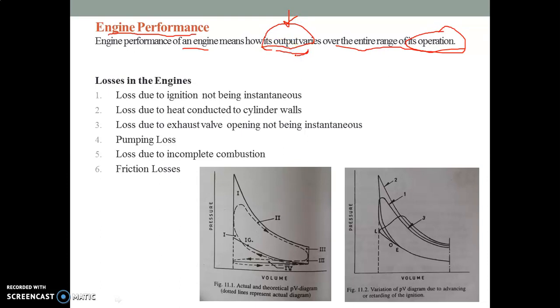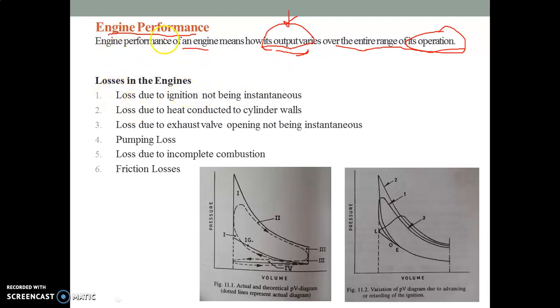To understand this, we have to consider some variables. The important ones we have picked are speed, load, air-fuel ratio, and mean effective pressure. These are the important variables we will consider while studying engine performance.